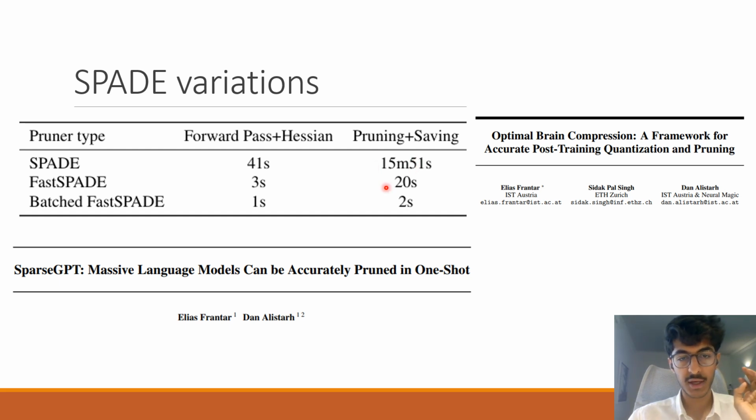But we also applied faster pruning methods like SparseGPT, which takes about 23 seconds per sample, and if you have a batch of samples, you can parallelize them and the average time drops to 3 seconds per sample, which is a lot faster than normal SPADE, and it's also faster than many interpretability methods you want to use later.